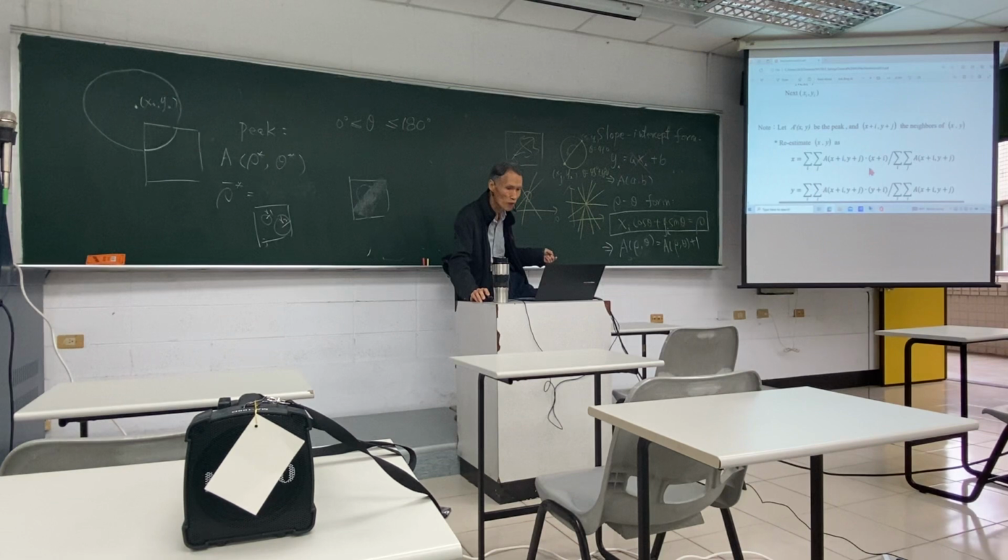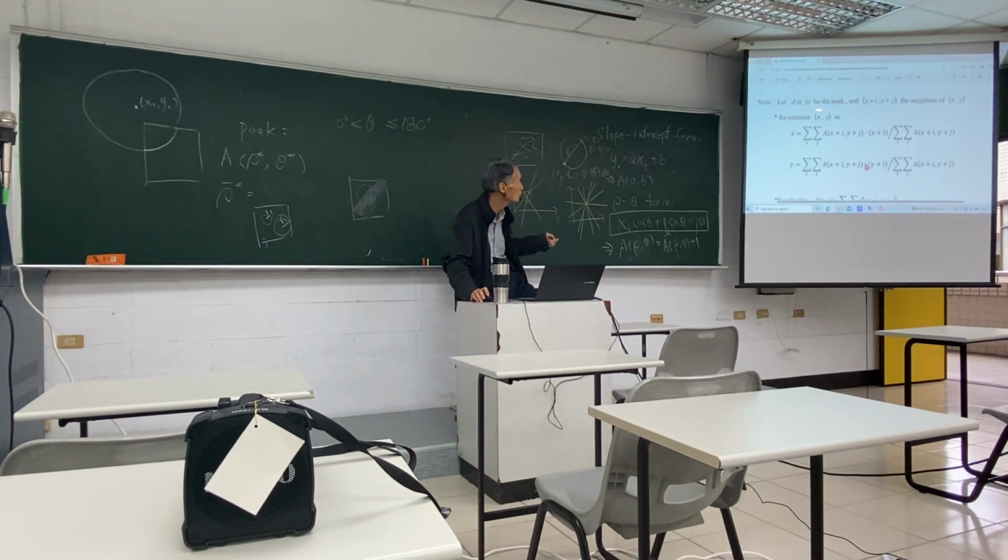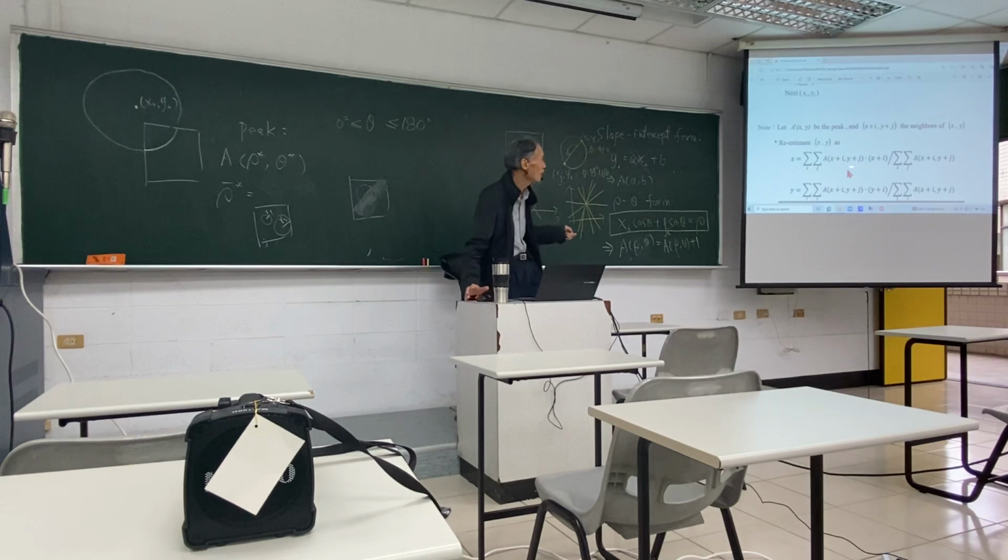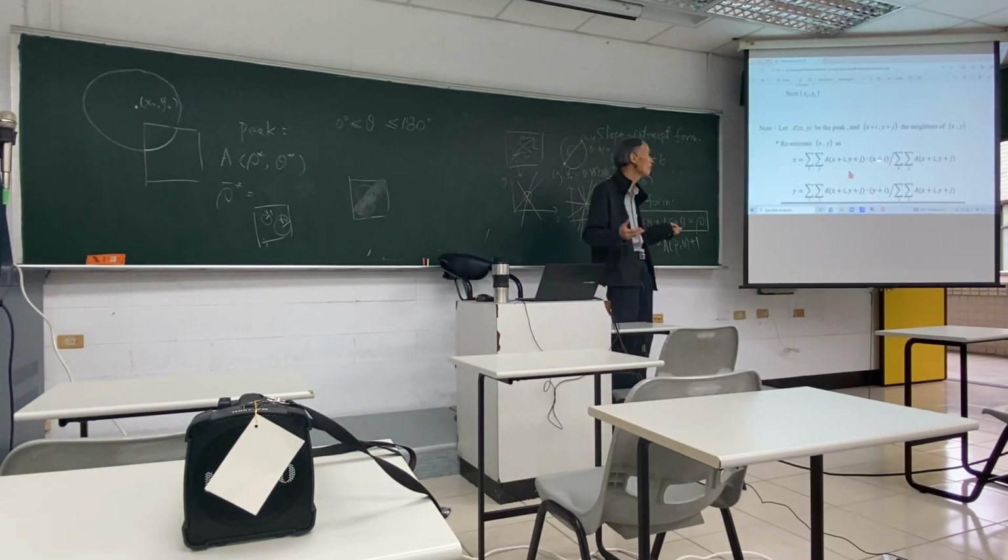That's what I'm saying here. You can refine. This is for line detection. Suppose this is for line detection, then we can readjust the parameter x by taking parameter values x plus i in the neighborhood and use the accumulated value as the weight.